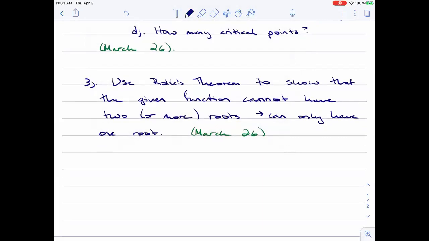So Rolle's theorem, remember, says that if you've got a beginning point and an end point and they're the same, then at some point, whether it goes like this or like this, right, we're going to reach a point where the derivative is 0.